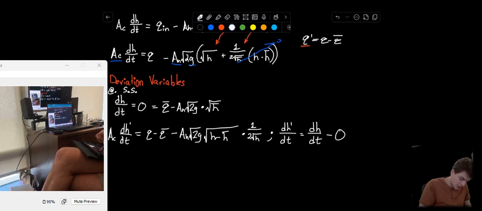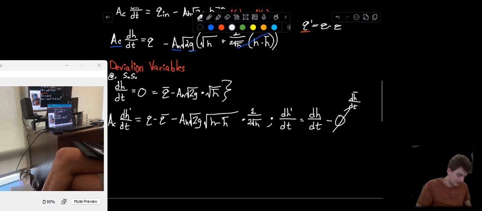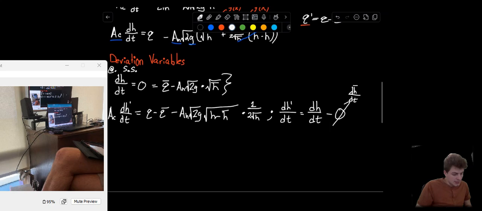Where that 0 is dh bar dt, right? And so that's exactly what we've done. We've subtracted that 0, but now quantified that 0 in terms of the right-hand side in this line. So that's what we did there.